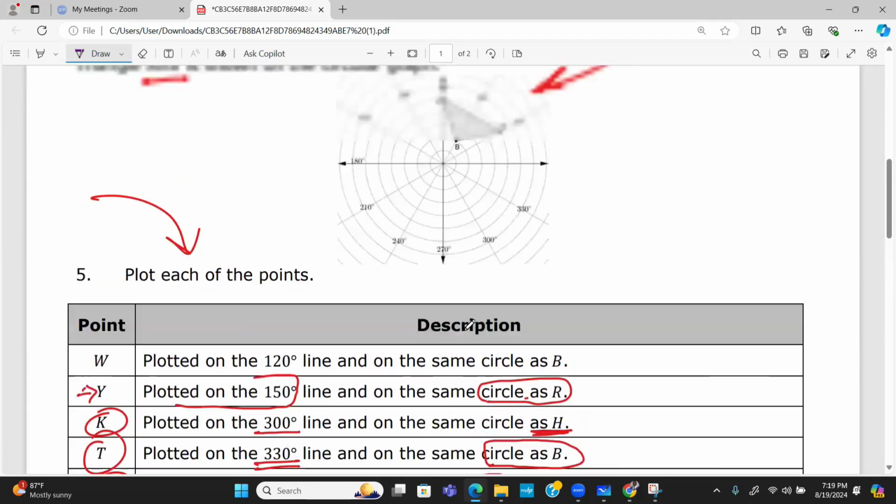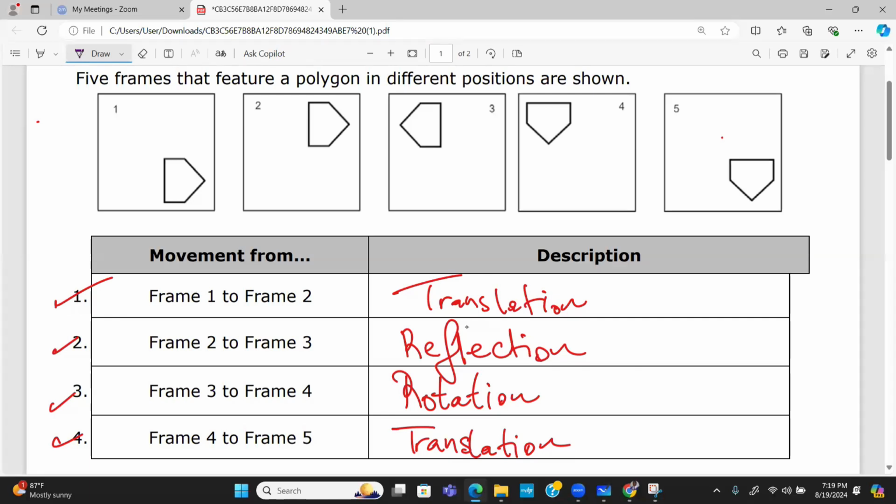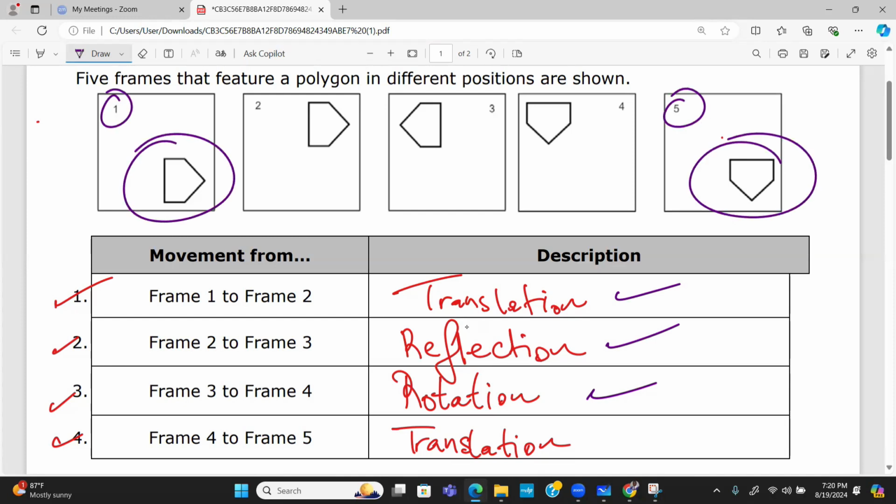Because when you look at what we did earlier on, we actually did three types of transformation: translation, reflection, rotation, from 1 to 5. And look at the shape at 1, look at the shape at 5. It is the same.